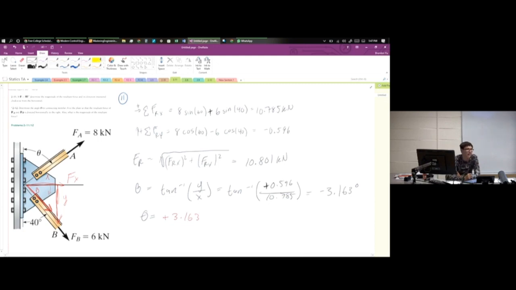You wouldn't have that negative sign there, because your y would be a positive force. We just put the negative sign there because it's going downwards. That negative sign indicates it goes down, but the force itself is still inherently positive, because you can't have a negative force. Later on, we do introduce negatives to mean different things: negative is compressive, positive is tensile. So you make this positive, which would make your answer positive.